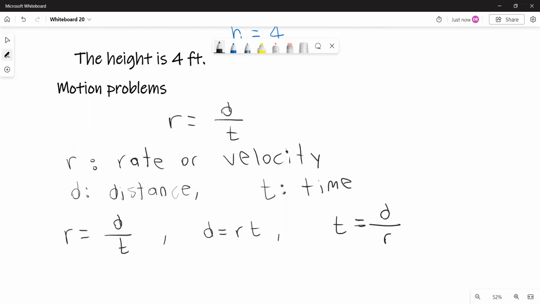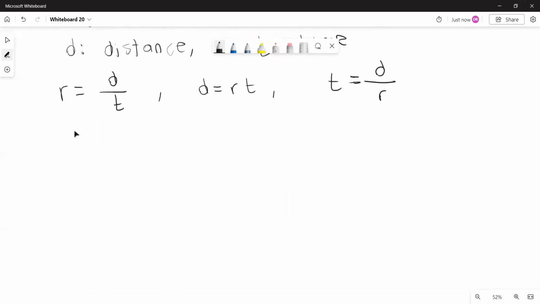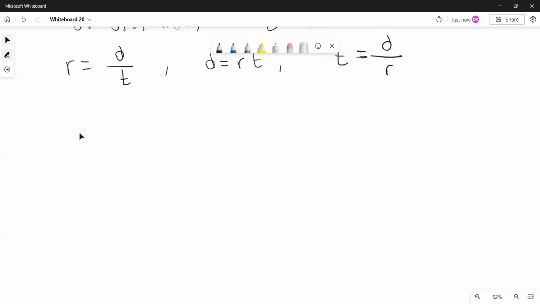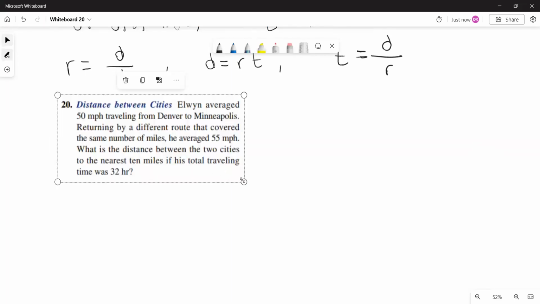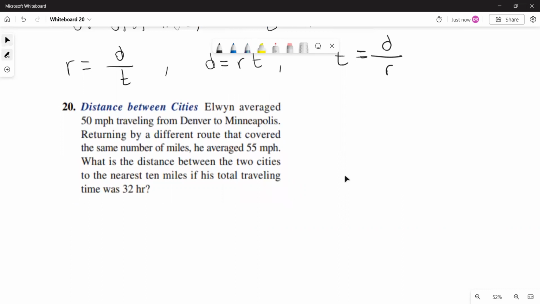We're going to look at number 20 on page 101. Actually, they give you a chart, but I'll show you where this chart is coming from. You have a table that you're going to fill. So that's still on page 101.